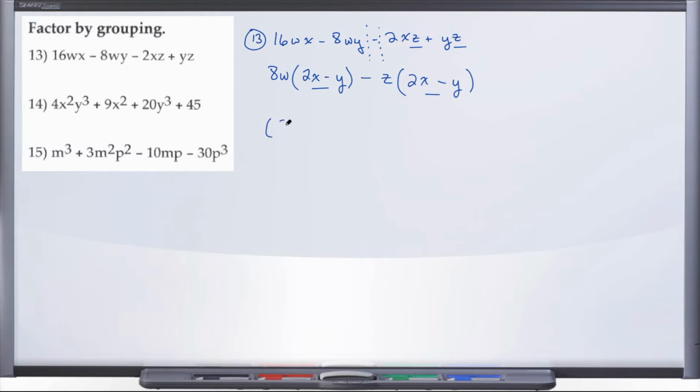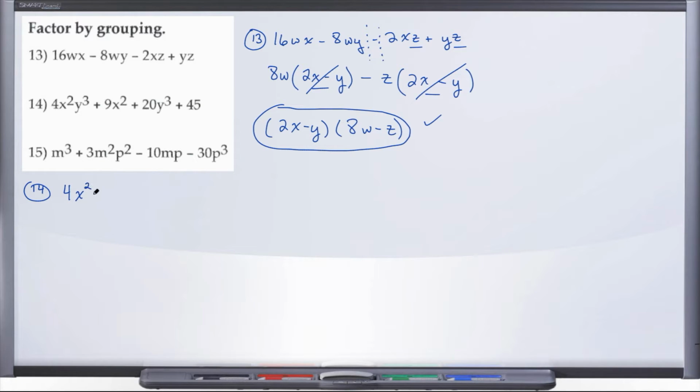Let's go ahead and pull it down. And when we do that, we can go ahead and cross out those sets of parentheses. And what are we left with? 8w minus z. And there you have it, number 13. We factored by grouping. All right, let's take a look here at 14.